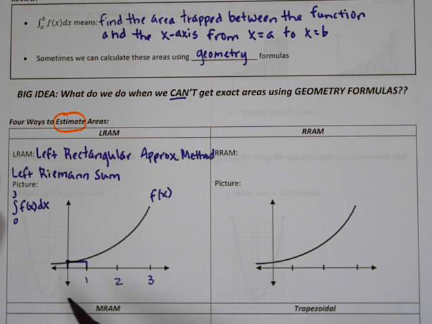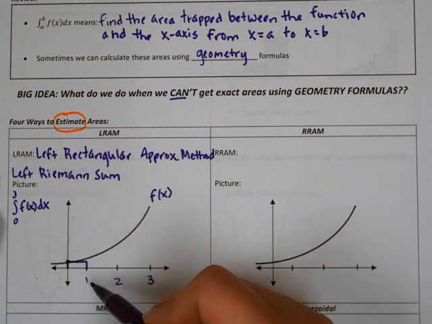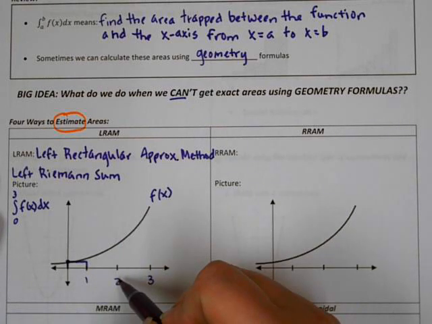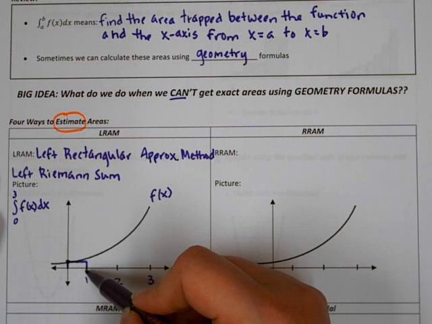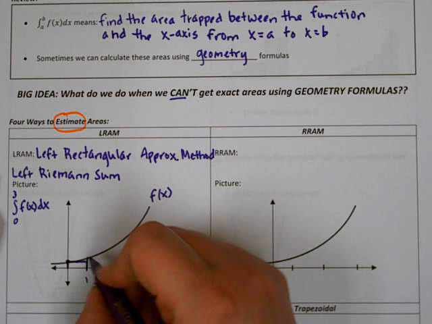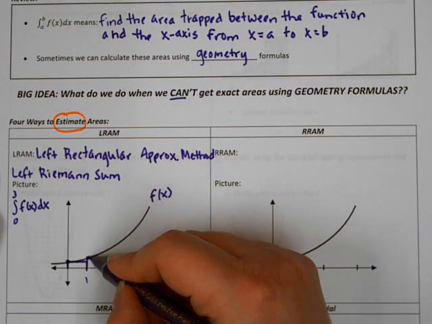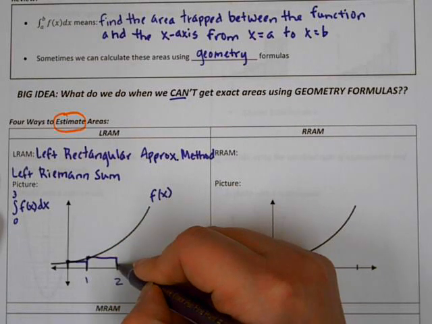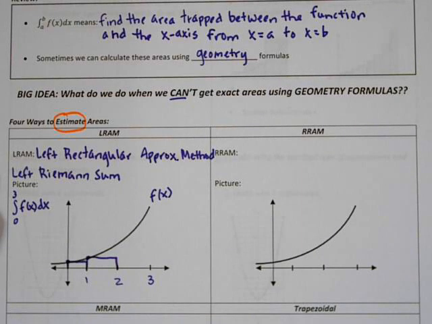Again, if I'm going to look at the interval from 1 to 2, my left endpoint is going to be at 1. So I'm going to start at 1 and go up to my function. And then I'm going to go across to 2, and that's the height of my rectangle.